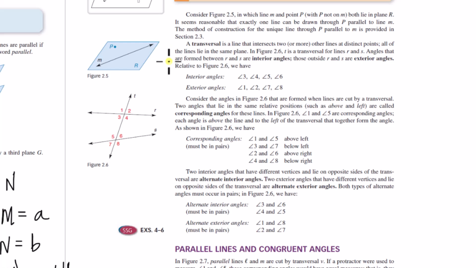So we got, what is a transversal? Let's read this again. A line that intersects two or more other lines at distinct points. All of the lines lie in the same plane. So, okay, you have a transversal is a line, and it's going to intersect two or more other lines at distinct points.